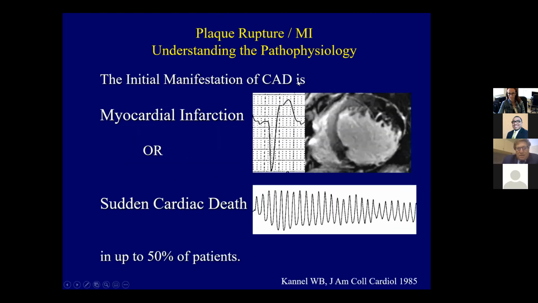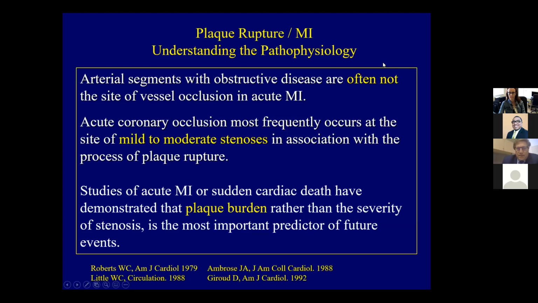So the initial manifestation of coronary artery disease can be acute myocardial infarction or sudden cardiac death in up to 50% of patients, which means we really need to search for better tools for predicting risk and therefore initiating therapy such as statins.